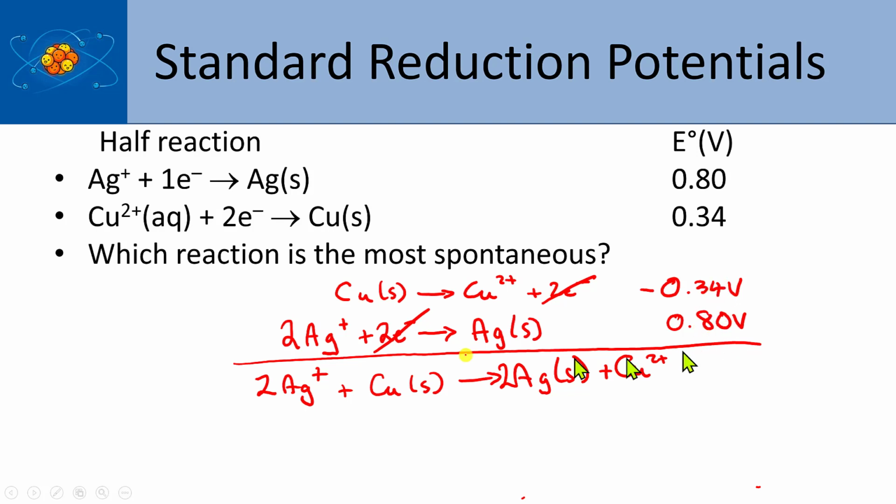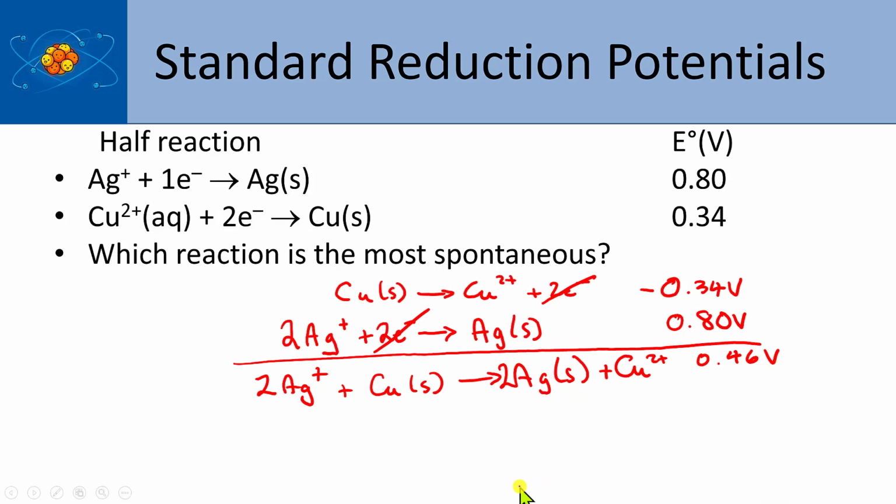When I add 2 reactions in order to get the free energy of the reaction, all I have to do is add these 2 together. So I'm going to flip one reaction, change its sign, and add the 2 together, and I'll get 0.46 volts. And remember what we said before, if the voltage is positive, then the reaction is spontaneous, because that means a negative free energy.